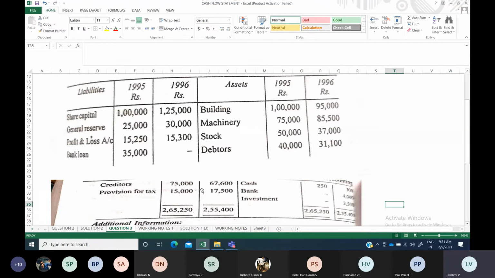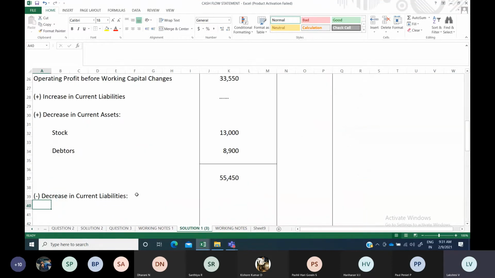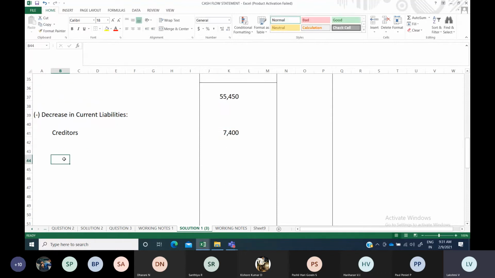So the item also has to be mentioned. Okay. Creditors. So I'm getting 7,400. Okay, just find out whether you are also getting that amount.